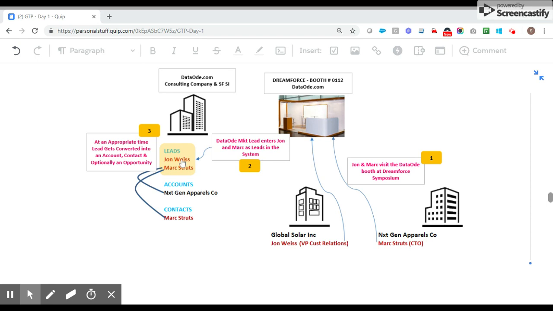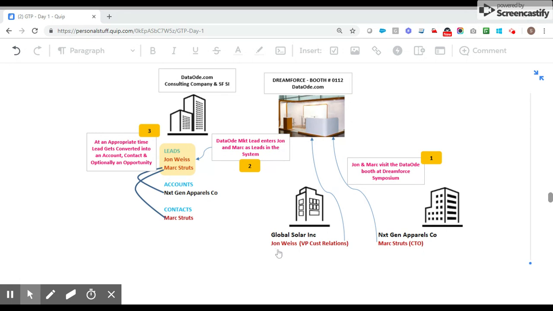Some of the attributes of these leads are the company that they work for. You can have the company information like the website, the revenue, the number of employees of this company, the location, etc. Apart from that, the lead record would also capture the personal information of the person who is interacting on behalf of the company.